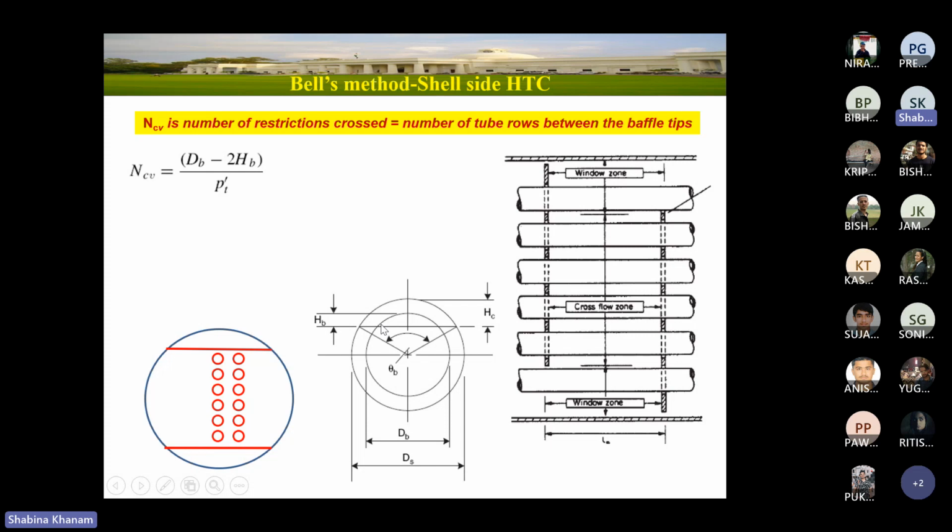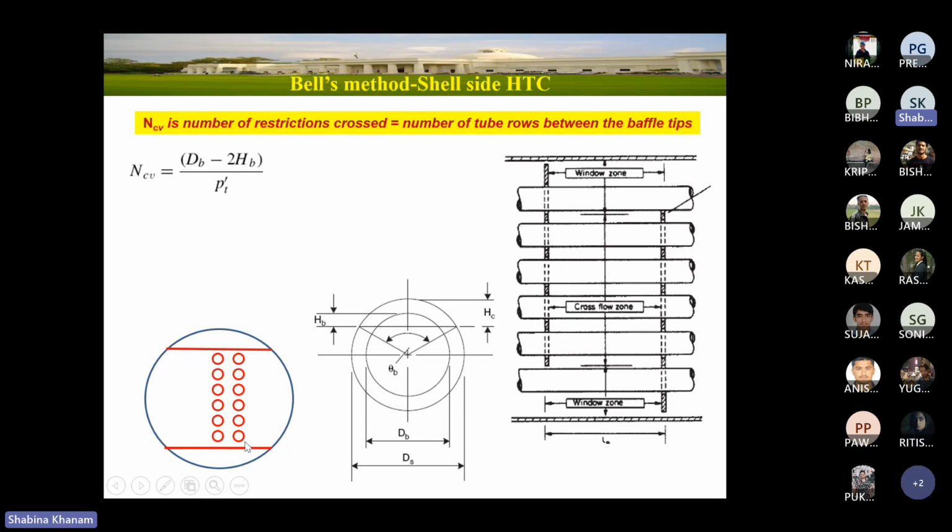Twice of that we need to deduct, because HB will be here, and if I consider a second baffle, HB will appear over there as well, right? So dB minus 2HB by PT dash. We have considered this distance from here to here, dB minus 2HB, by PT dash.